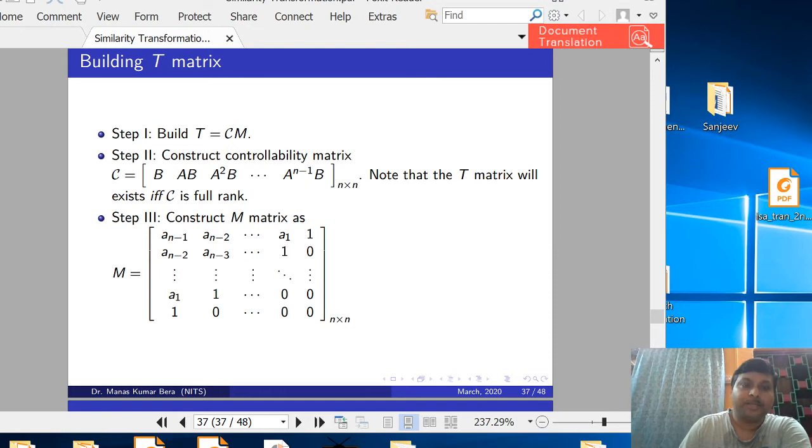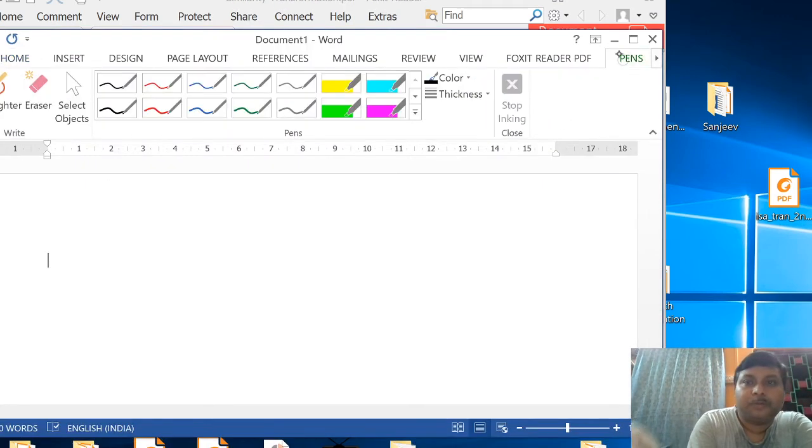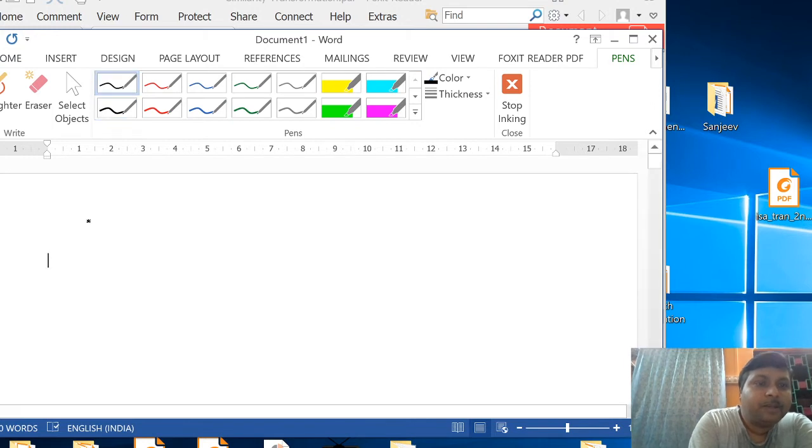So you have to build the C matrix depending on the dimension of the A matrix. Its dimension will be n cross n. How? Now you see, C is the controllability matrix. What is the dimension of B? B will be n cross 1, so it is a column vector.